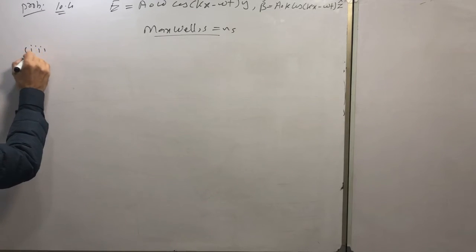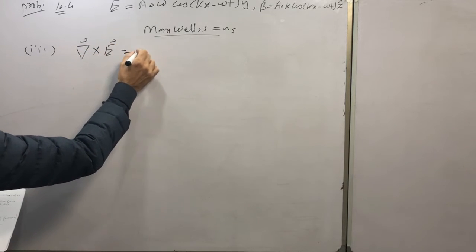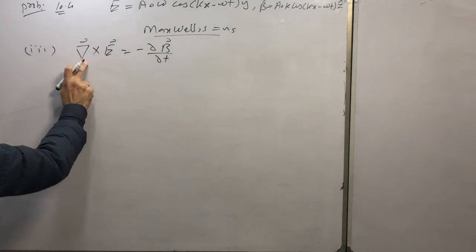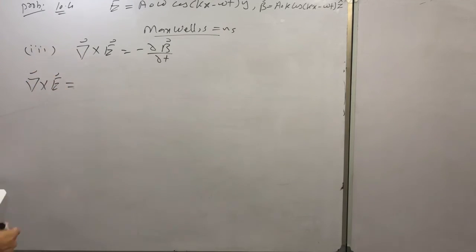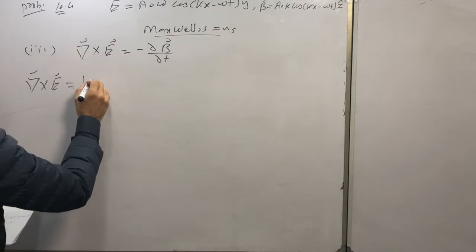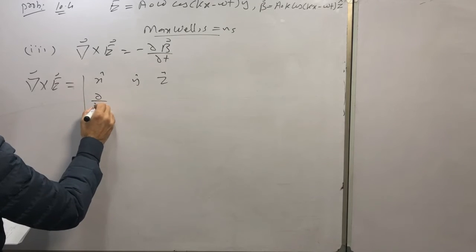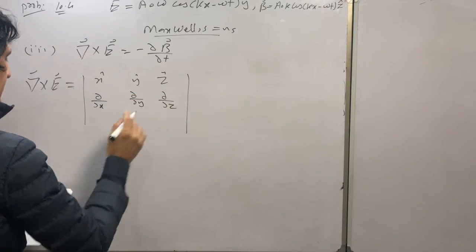The third Maxwell equation, del cross E, is equal to minus partial B divided by partial t. First of all, the left-hand side, del cross E, is the determinant with x, y, z, and partial x, y, z.